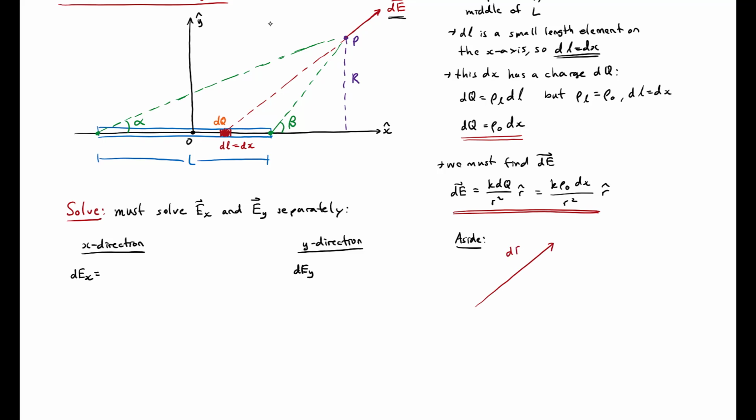This was dE. And that means this is dEx, and this is dEy. And there has to be some sort of angle theta here. And that angle theta, which we can call theta or phi, doesn't matter, is going to be right here.